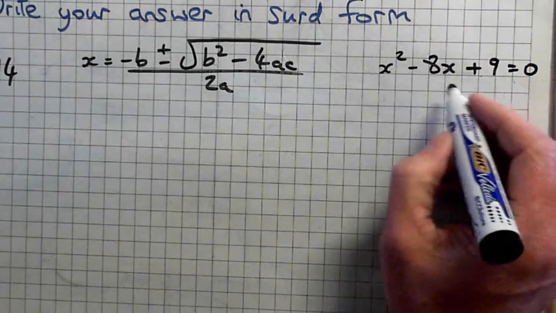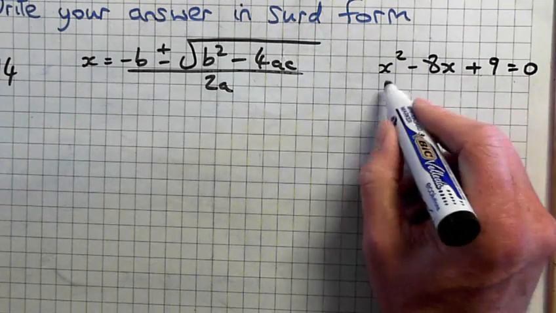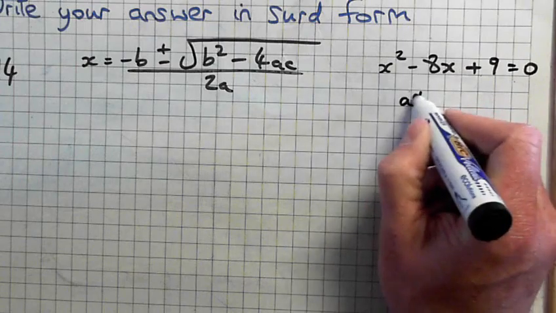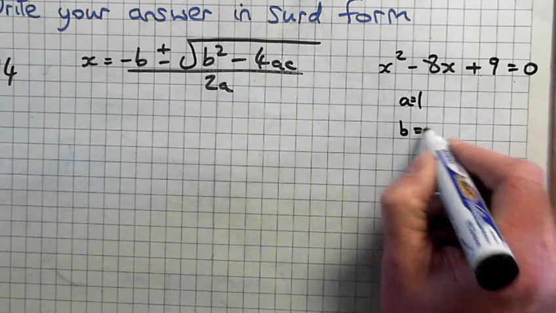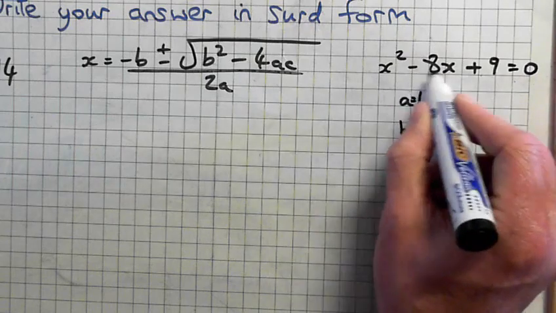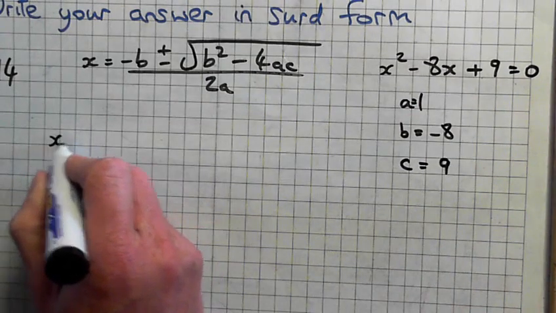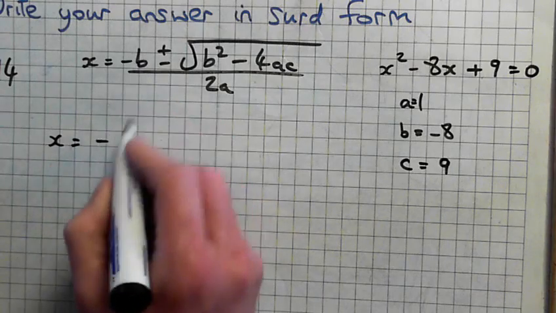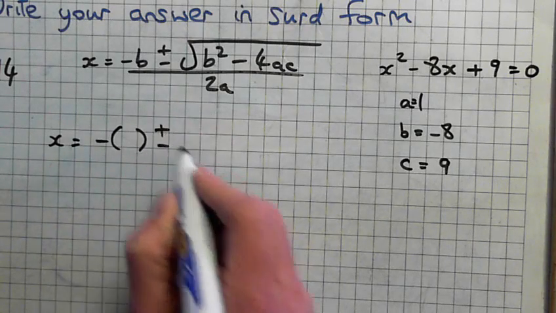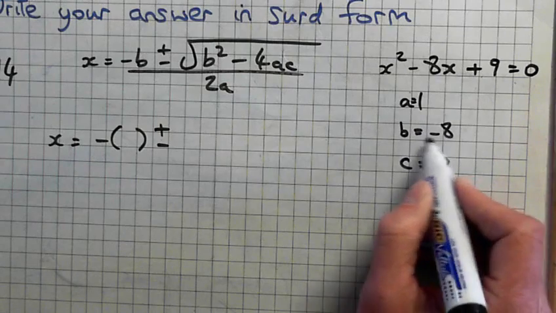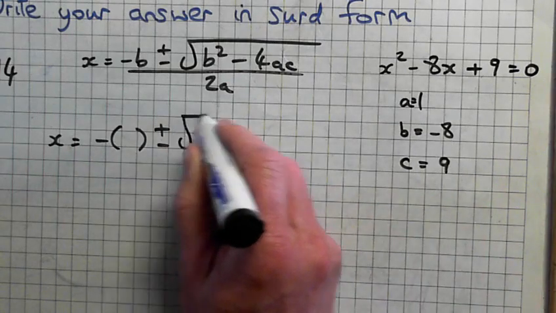The first step, what's a? A is 1, the number in front of the x squared. B is minus 8. C is 9. It's important to replace all the letters with brackets, because this minus 8 could cause you trouble if you don't.